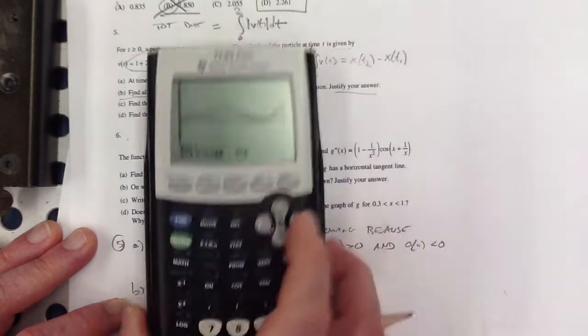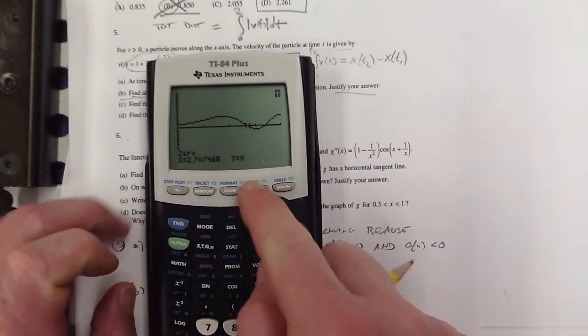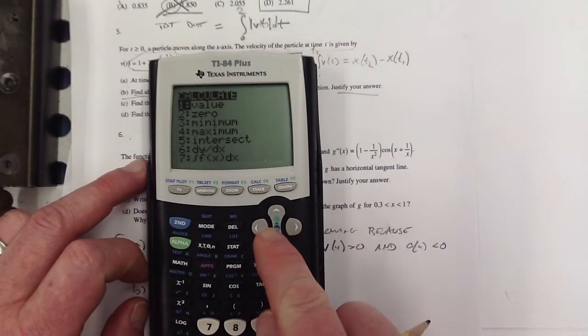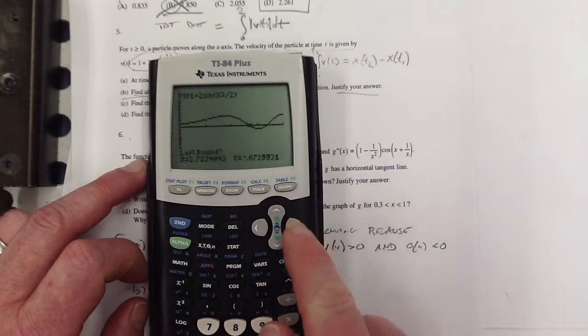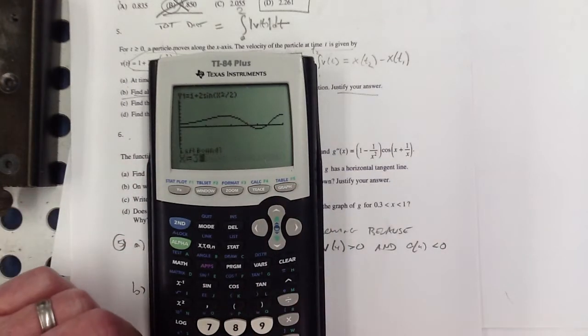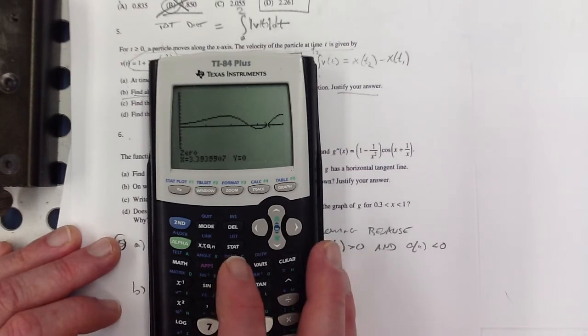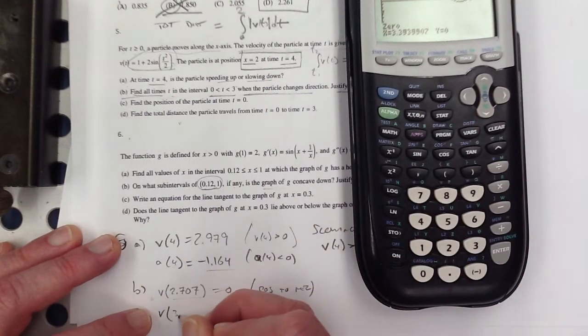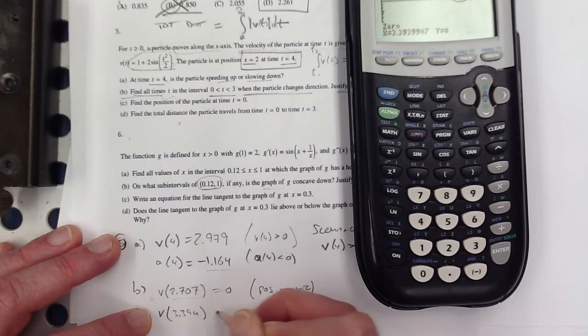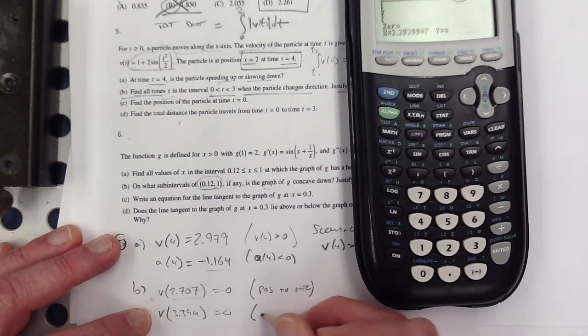And then looks like we got another 0 between 3 and 4. 3.394. And there it's going negative to positive.